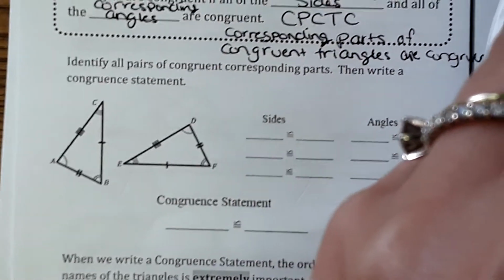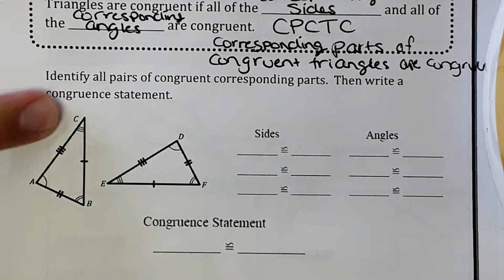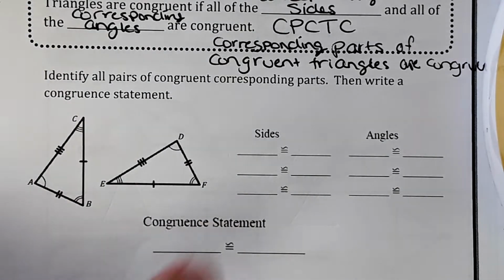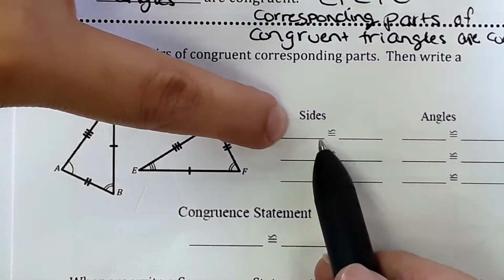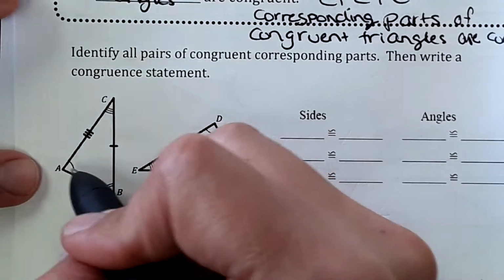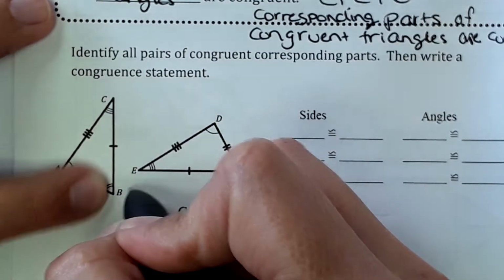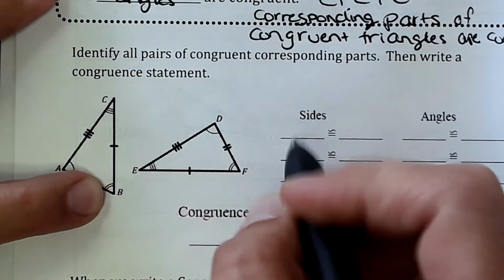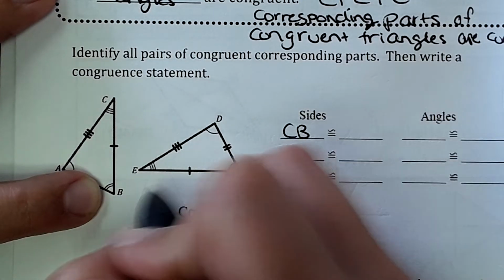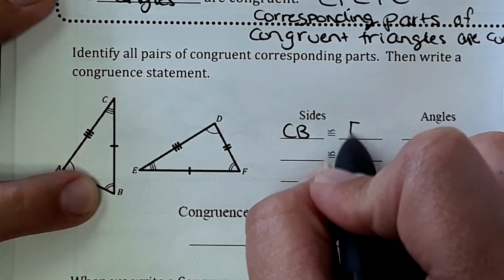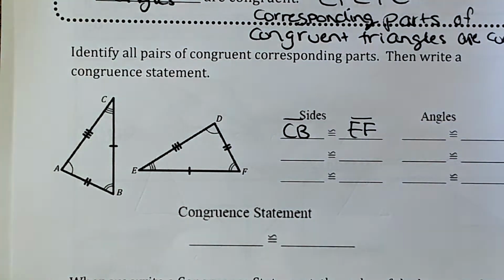Okay, so identify all the pairs of congruent corresponding parts, then write a congruent statement. If these are congruent, it shows us the corresponding parts. As far as putting sides congruent to each other, for example, this segment right here, CB, would be equal to EF because it's the same length. So these are corresponding.